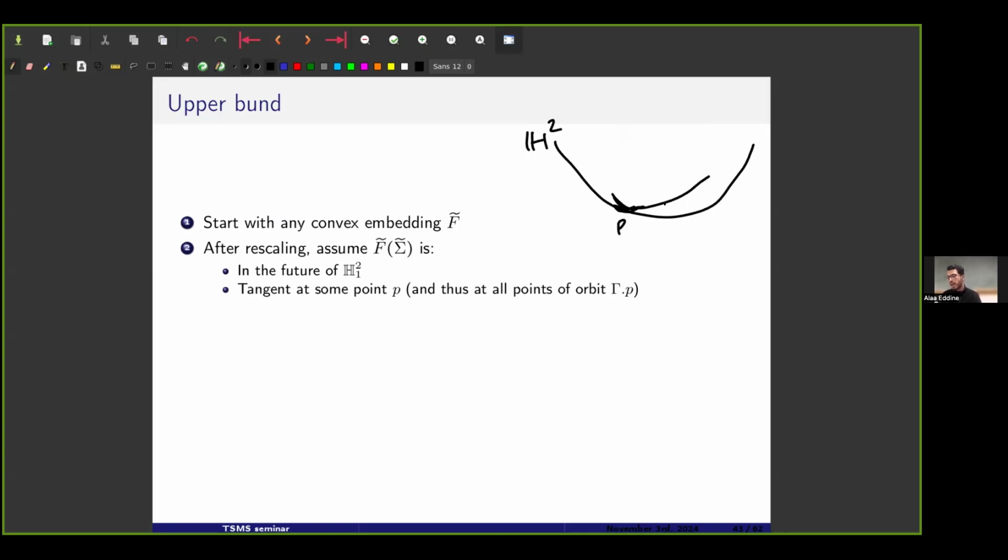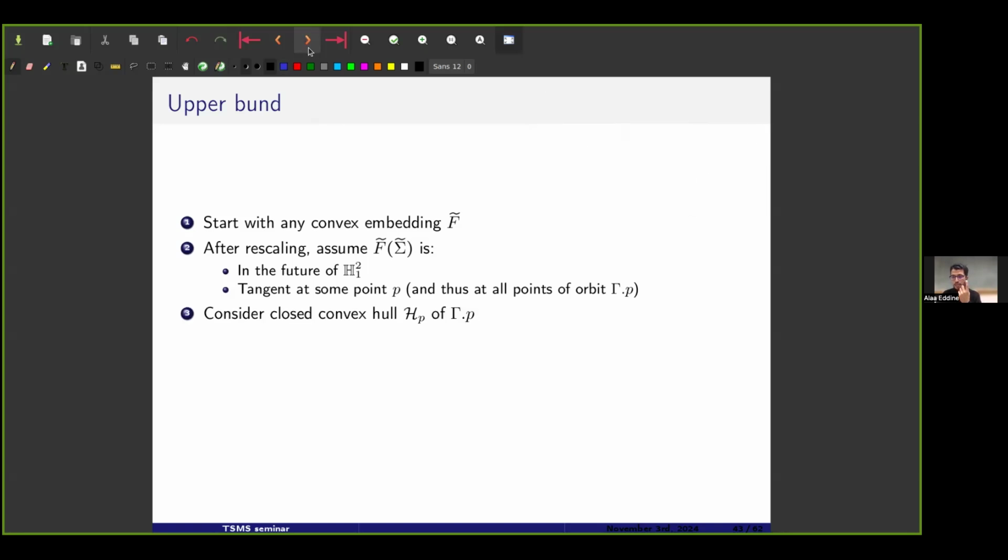Okay, so by equivariance, it will be tangent at the orbit of P by gamma, since everything is equivariant. And now what we are going to do is take the closed convex hull of the orbit gamma P.